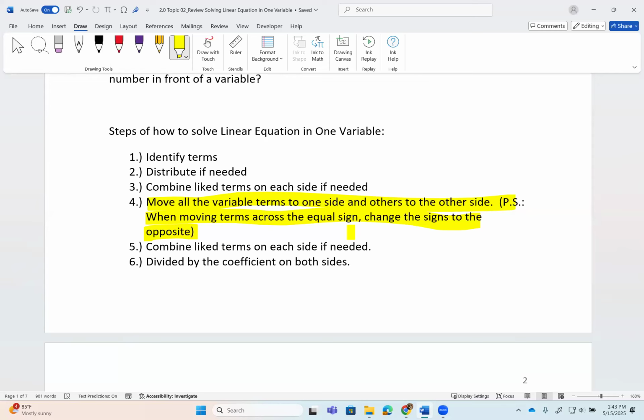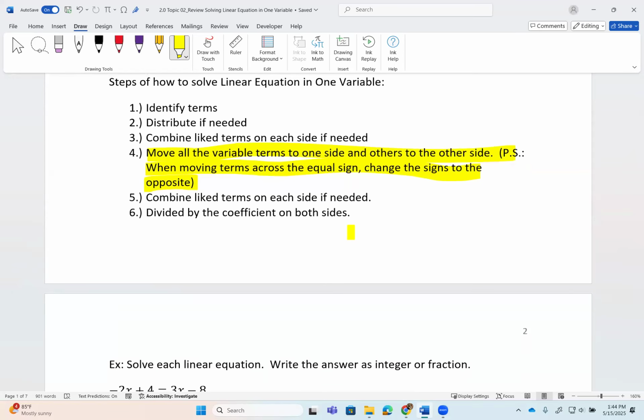I'm just going to move all the variable terms first, at one time, then move all the other terms at one time, and then combine after that. That's what step number 5 is. Once I move them, I need to combine on each side if needed. The only step involving the word solving is dividing both sides by the coefficients. That's the solving step.